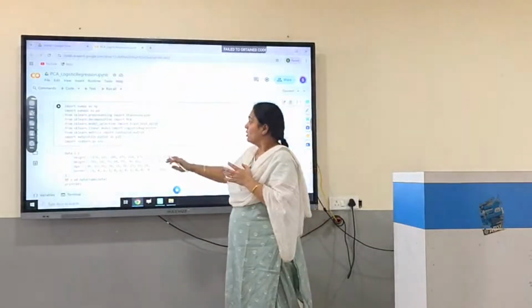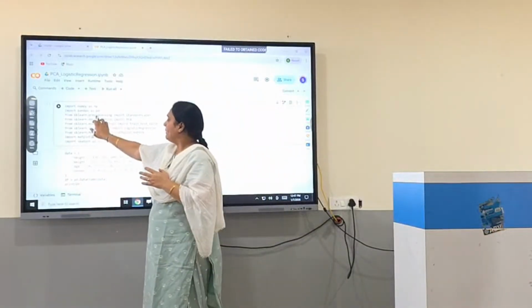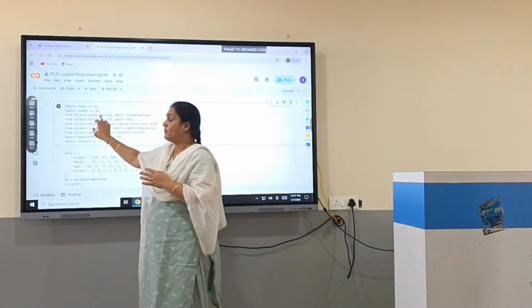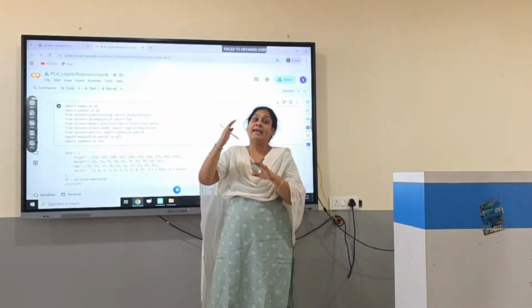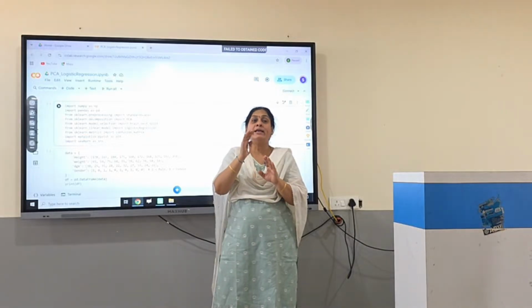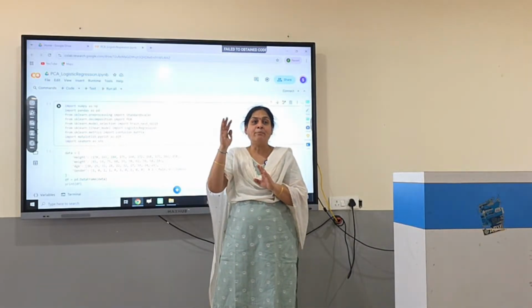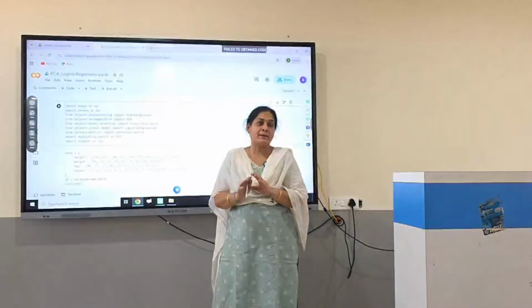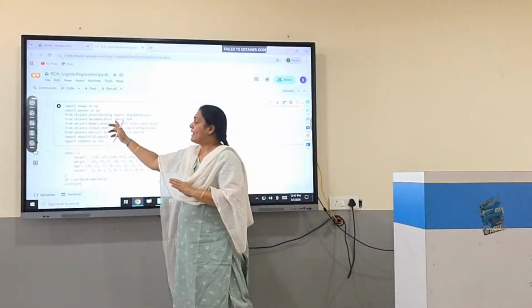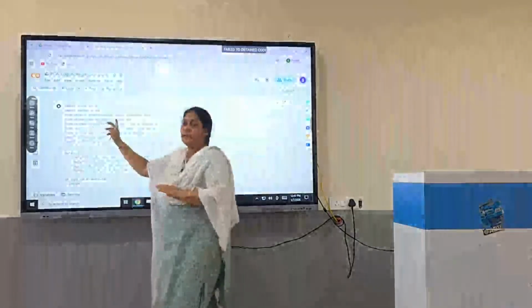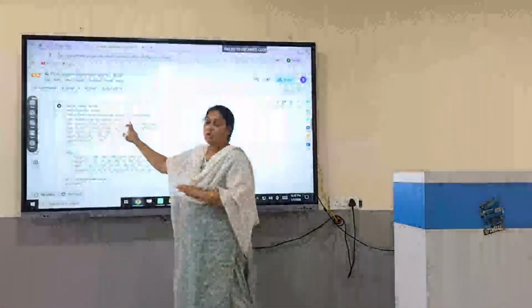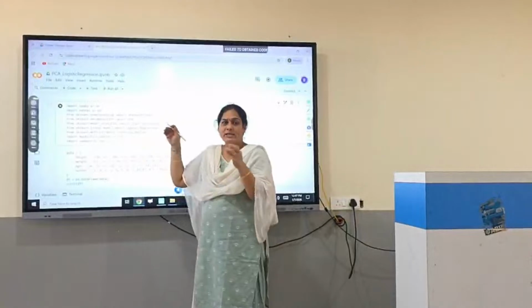In preprocessing you have the standard scaler. Using this standard scaler, you can scale your data. That means you are converting all the attributes into the same standard format. Once you do that, you can apply PCA. PCA is implemented in sklearn decomposition. Directly you have this PCA, you can just copy.